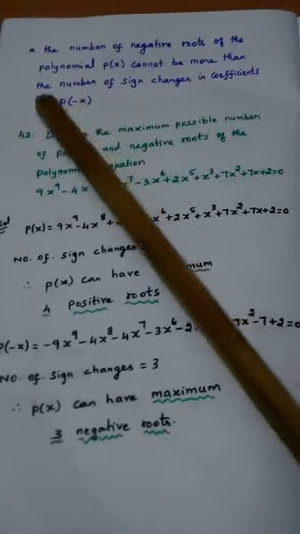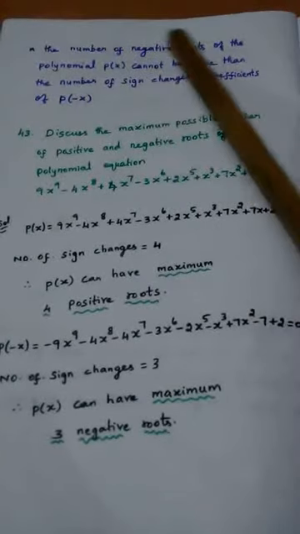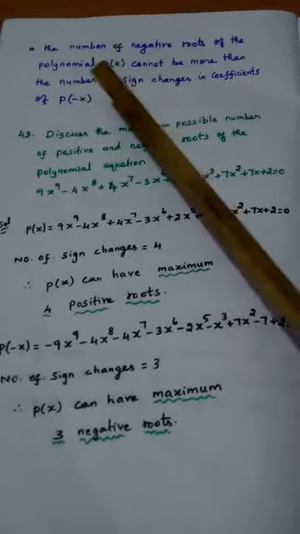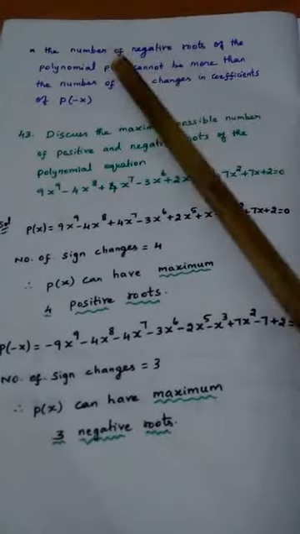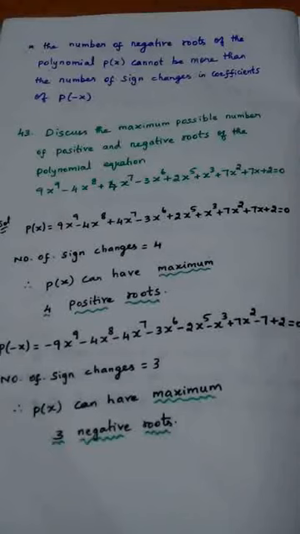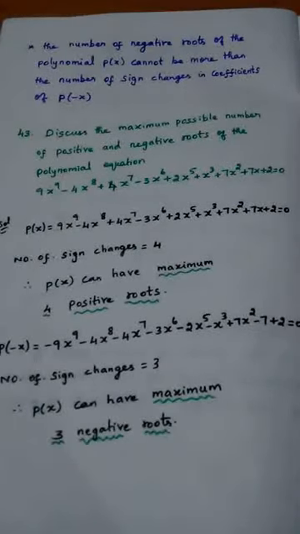Suppose the number of sign changes is 2, then the equation cannot have more than 2 negative roots. If the number of sign changes in p of minus x is 3, the equation cannot have more than 3 negative roots. We will see what this means while doing the problems. This sum, problem number 43, we will see in the next video.